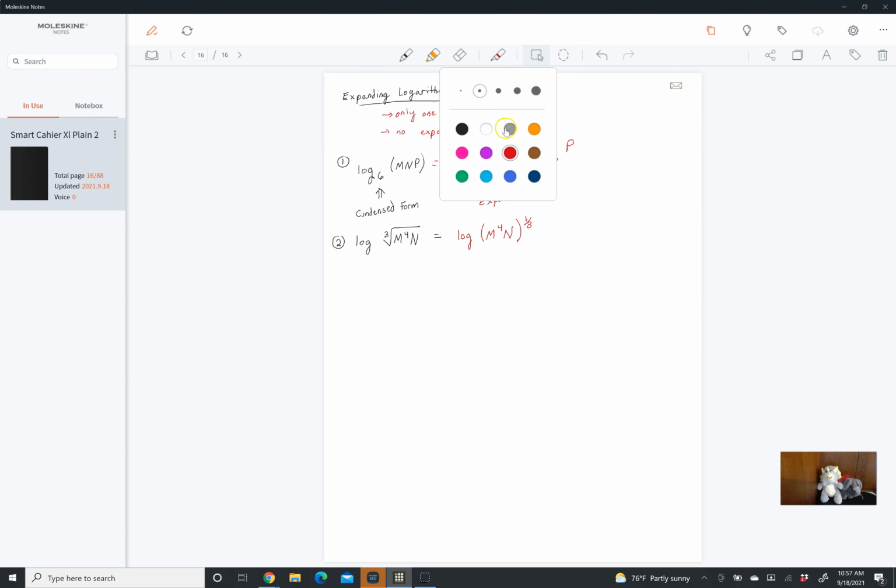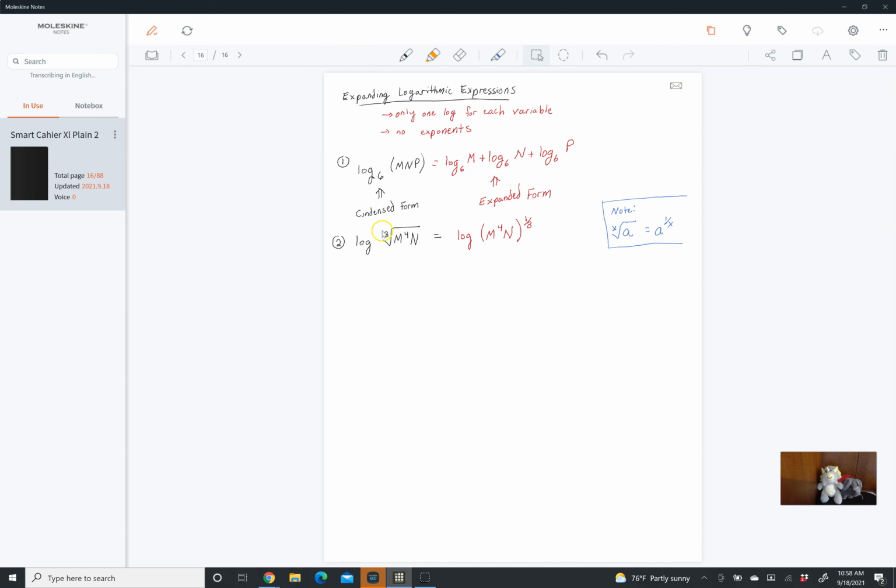Okay, and I'll put this as a side note, that if you have the xth root of a, this is the same thing as a to the 1/x power. And again, we'll talk about that a lot more with radicals, which comes up right after logs. Okay, so we have the xth root of a is equal to a to the 1/x.